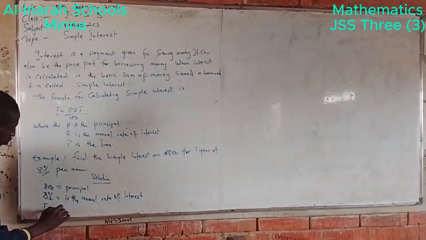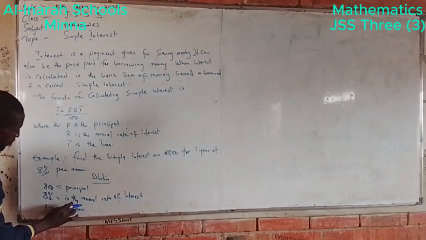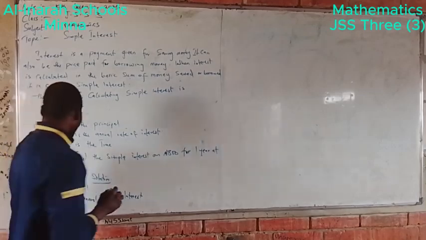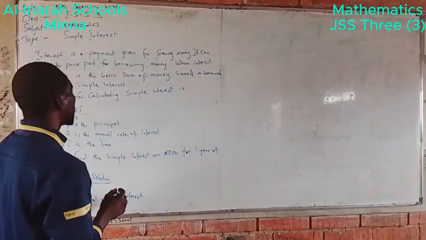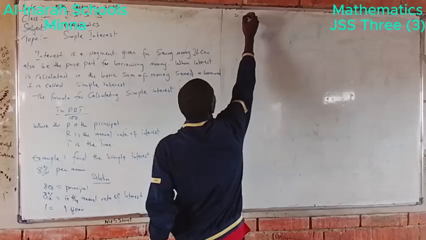The year, which is what? 1 year. Now, since we have brought out all this, we'll bring out the formula by saying I is equal to PRT over 100.